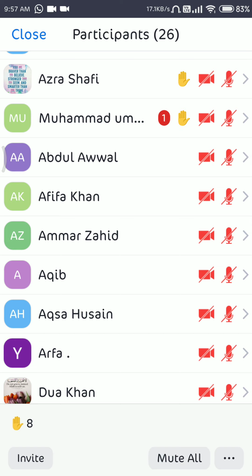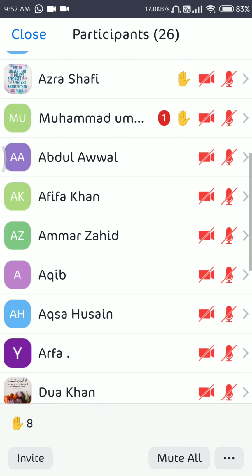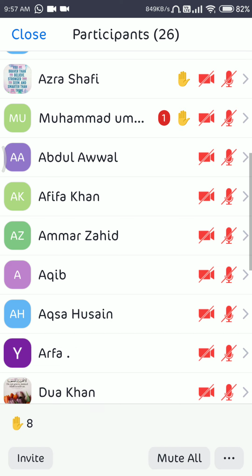Vagina. Pronunciation should be correct. Yes. Now he told the first one is oviduct or fallopian tube. Second one is uterus. Third is ovary. Fourth is vagina. Now move on to the next.